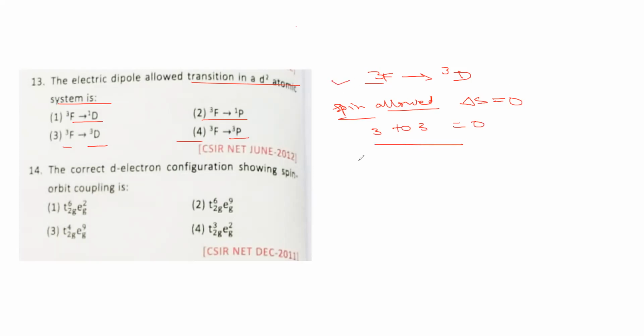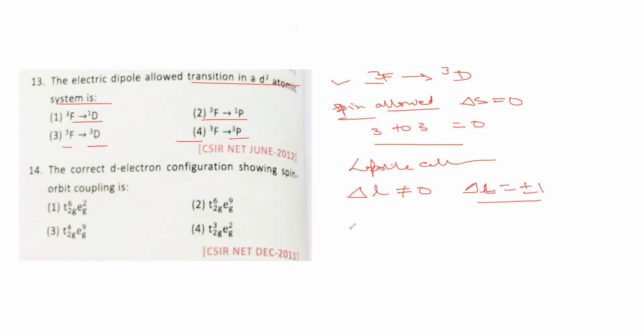But now we have to see the Laporte rule. The condition is delta L must not be equal to 0, it should be delta L equal to plus minus 1. It may be plus 1, or it may be minus 1.